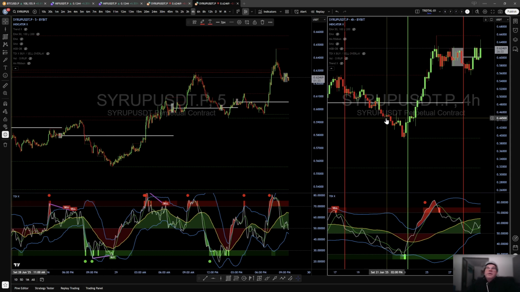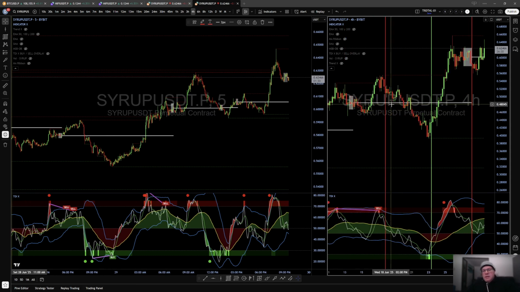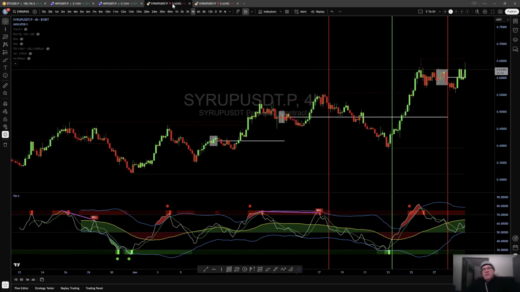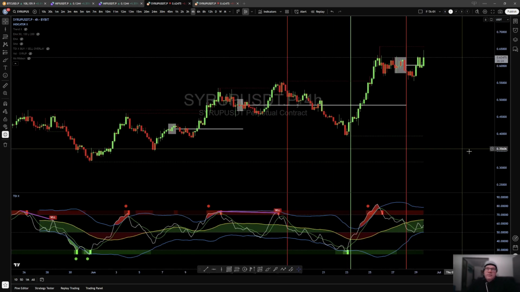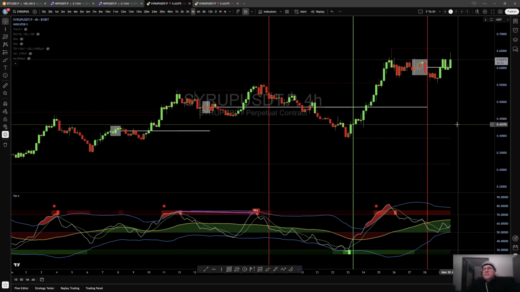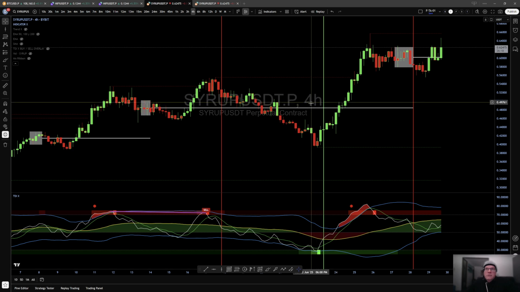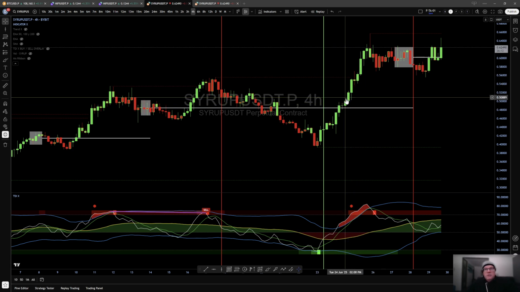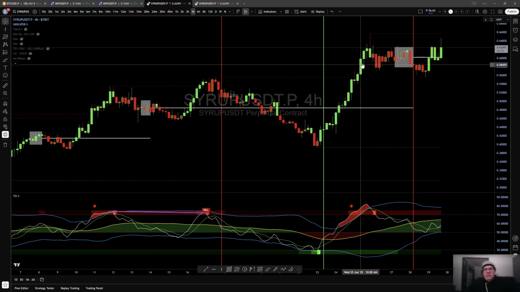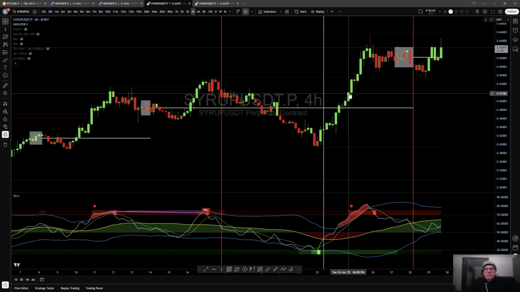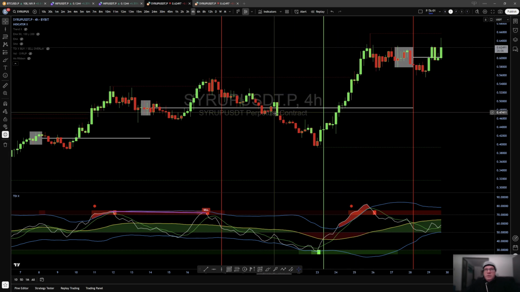Now there are a couple other things on here to keep in mind. Like the higher time frame value lines act differently than the low time frame value lines. So when you're on a higher time frame, especially like 4 hour or above, you would actually be looking for longs when the price is above that value line, or shorts when it's below.